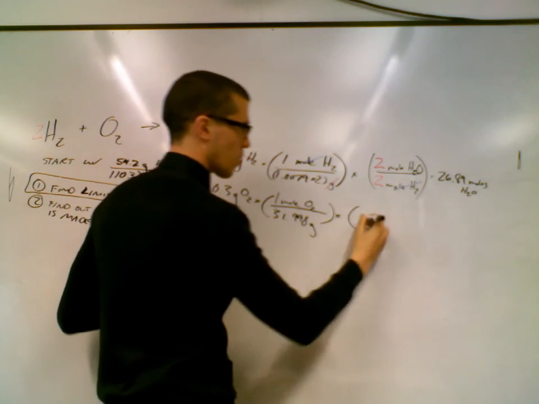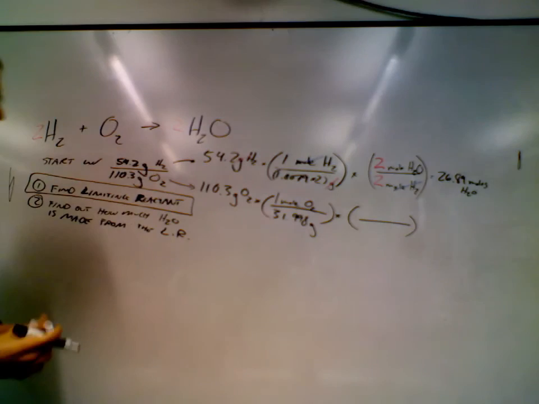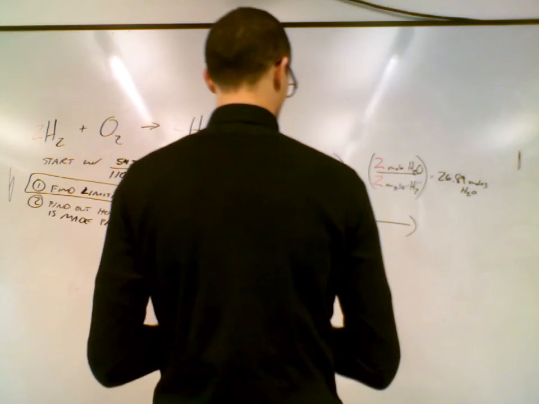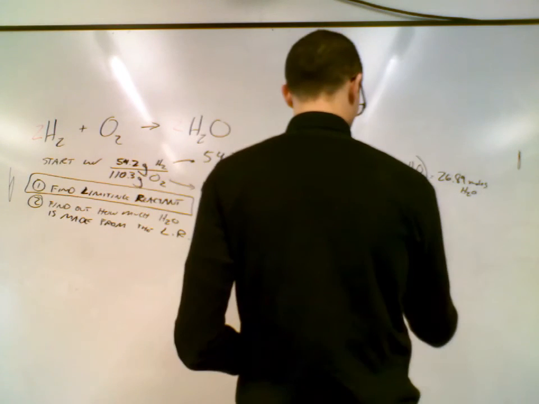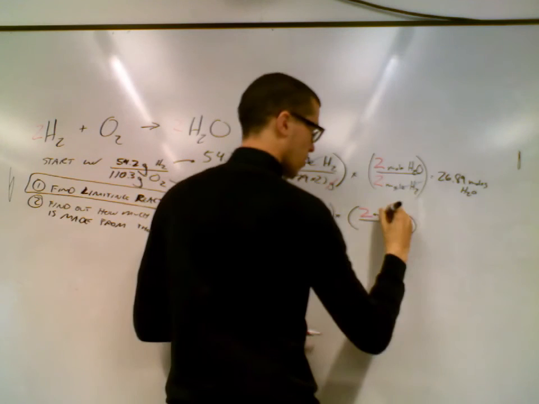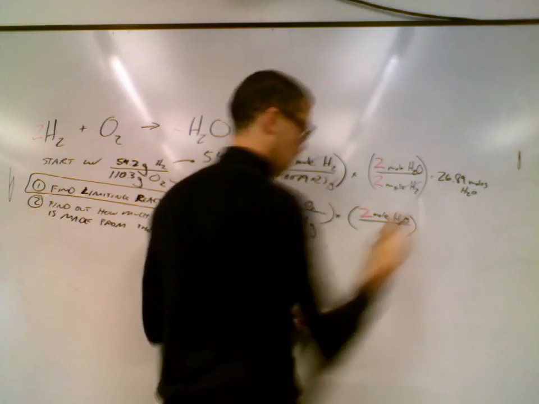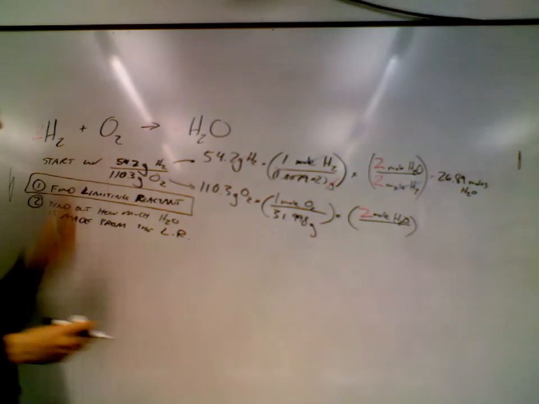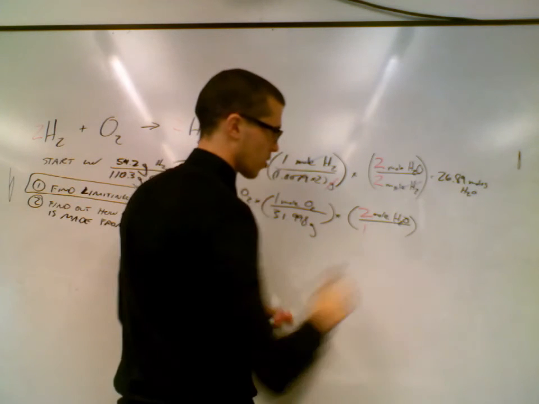And now what are we going to multiply by? 2 moles of H2O over 1 mole of O2. There you go. Good.